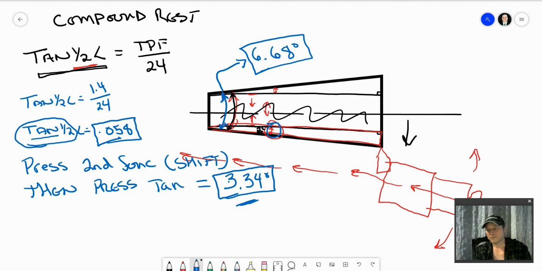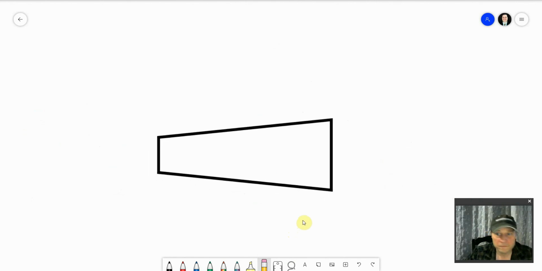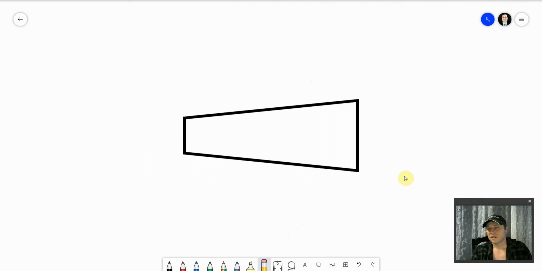In solving tapers, these are the key formulas that we will use. So just as a reminder, when you go to solve unknown information in your taper assignment, when you're looking for taper per foot, which you're going to notice on your assignment, I get you to solve that first.